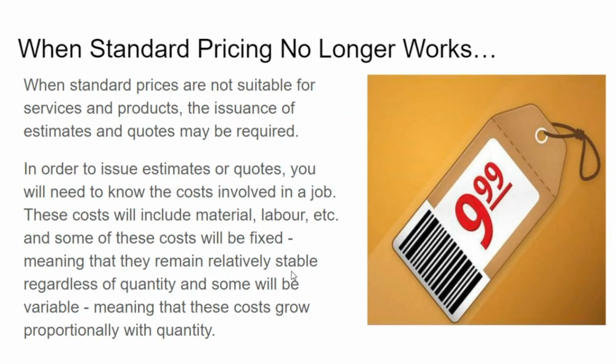But standard pricing is not suitable for service products, because when you're selling a service, you're selling nothings, right? You need to be able to sell something that's intangible. It's very hard to put a price tag on something that's intangible. Or when you're selling individual one-of items, such as a piece of work that you do for someone for machining.